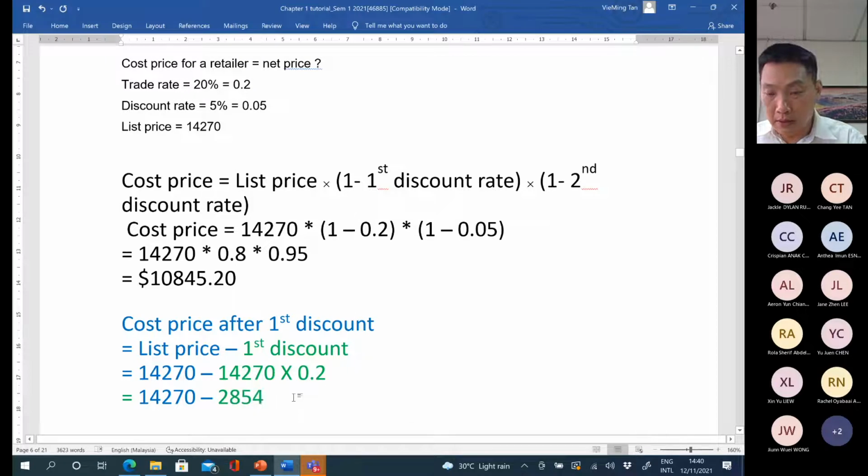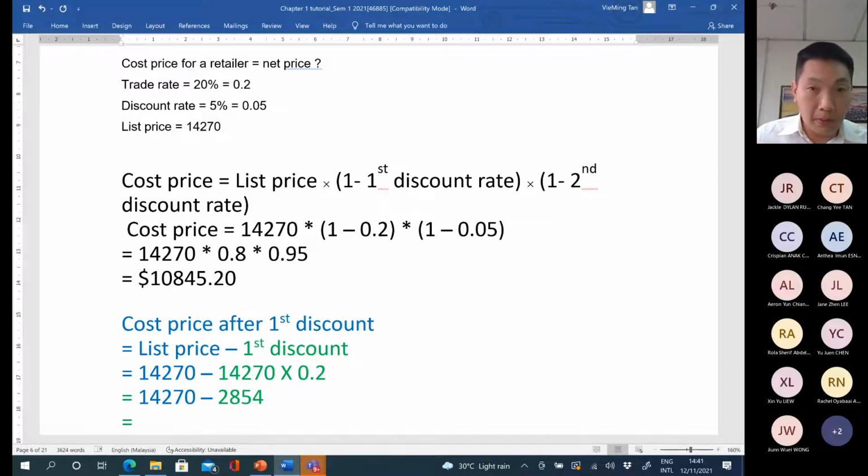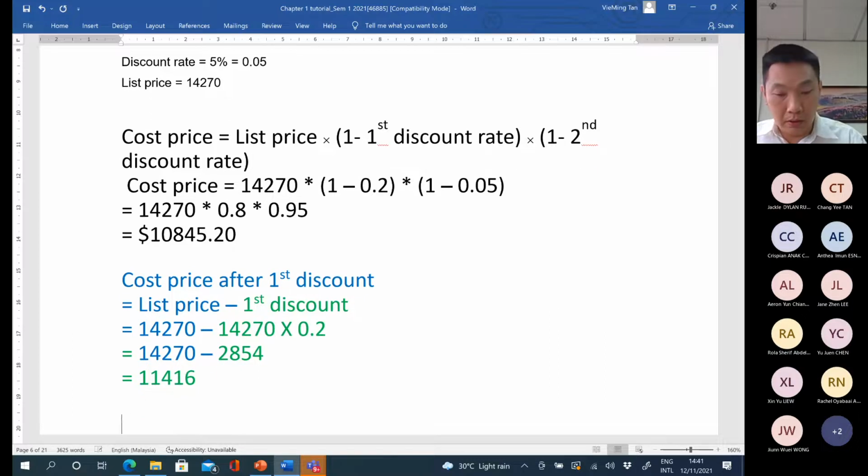So subtract these two numbers. Answer is what value? Positive 11416. So once you get this value, then you calculate the cost price for the second discount.